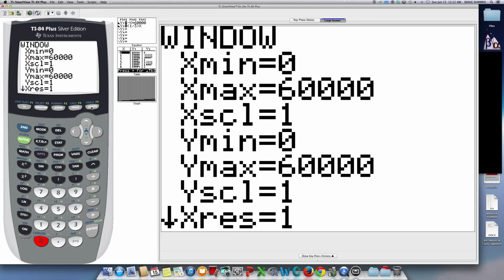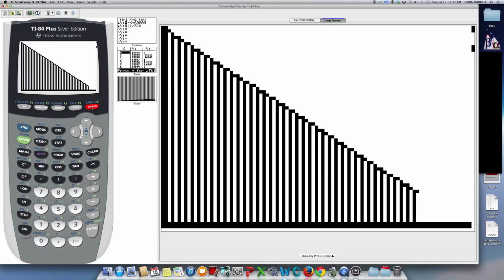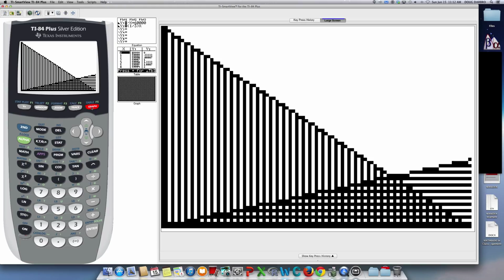Okay, now I'm ready to graph. And this is what I get. Alright, so kind of strange, not really strange, but I'm going to call it a very interesting feasible region.